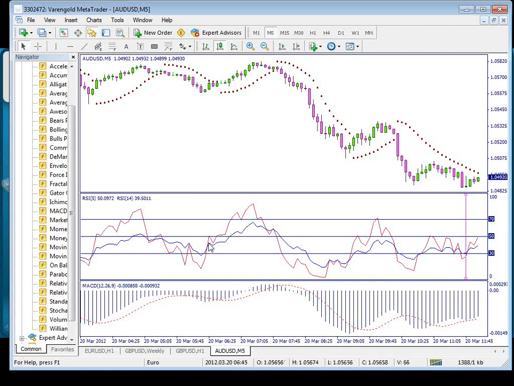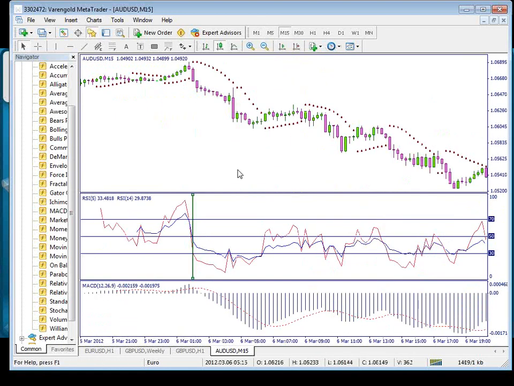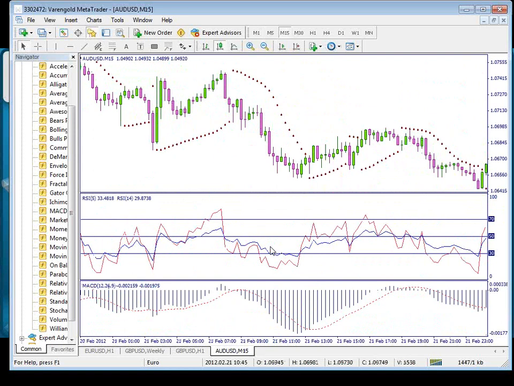The signals are helping us to find the best position for entry and exits. I just use them together, all of them, and make the analysis of the market.